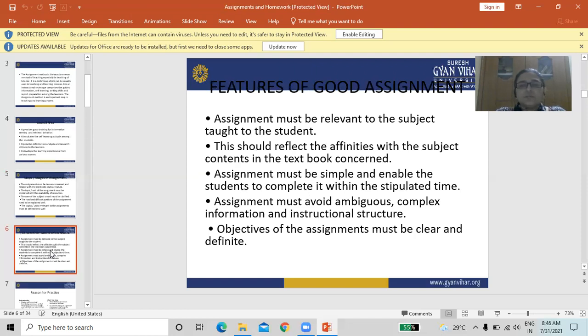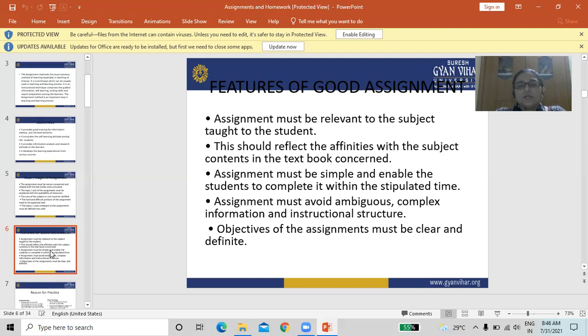Assignment must be simple and enable the student to complete it within the stipulated time.